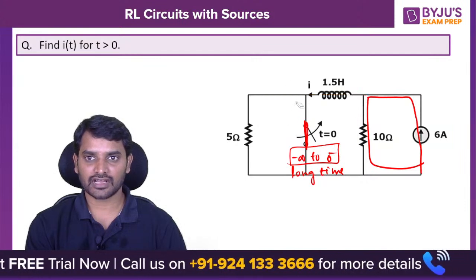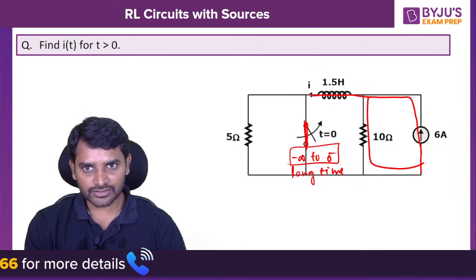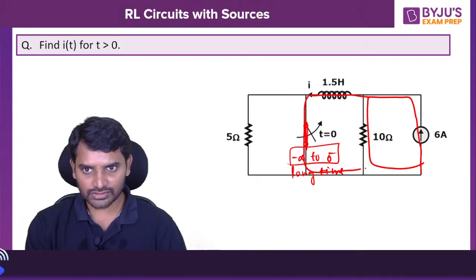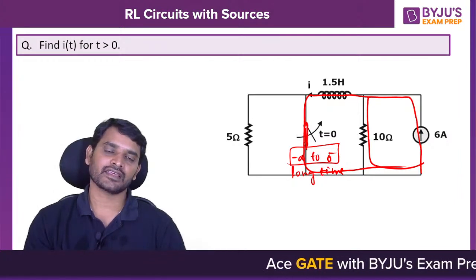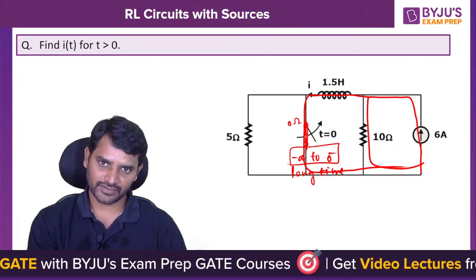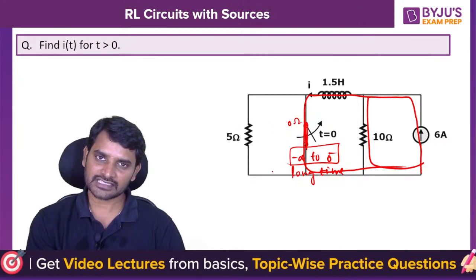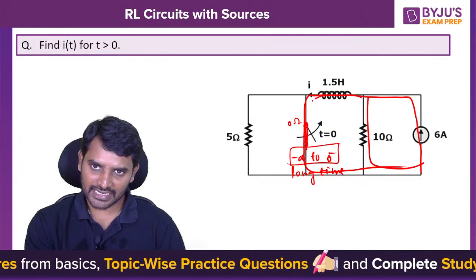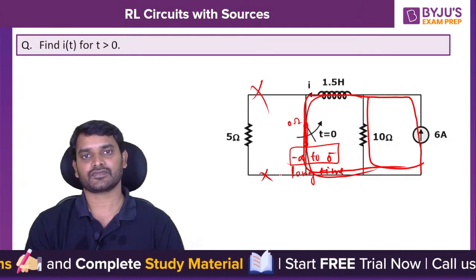After going through the inductor, it will go through the short circuit because it's a switching path only. The switching path is like a short circuit, a 0 ohm path; we do not have any element. So 0 ohms in parallel with 5 ohms, obviously the equivalent resistance is 0. So the entire current will divert through the switching path only. No current flows through this 5 ohm resistor.